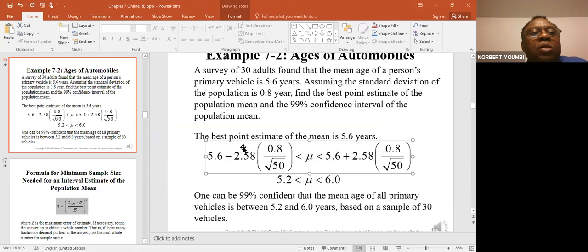So using a calculator, you can go to Start, option 7, and we have standard deviation 0.8, sample mean 5.6, sample size 30, confidence level 0.99, and compute.